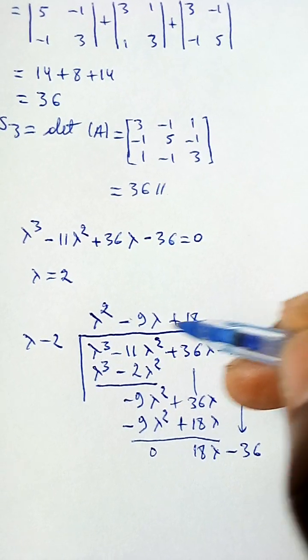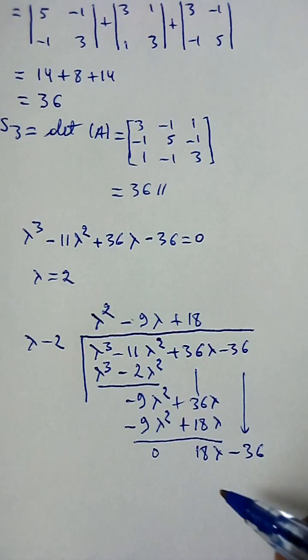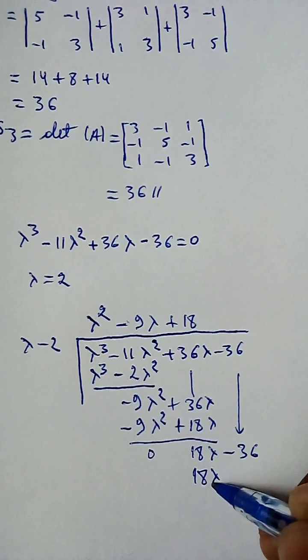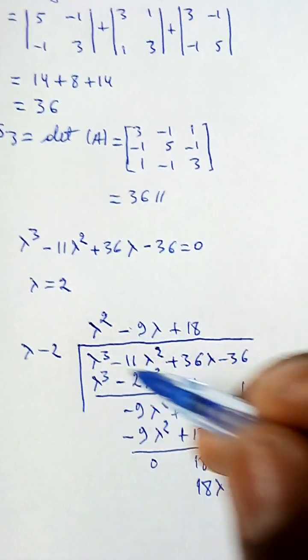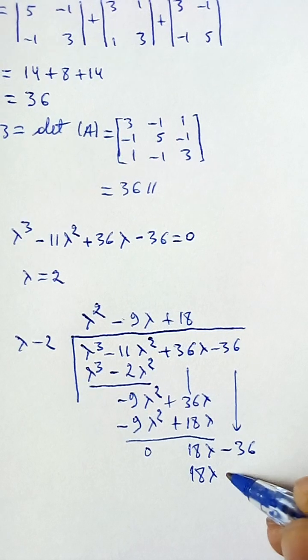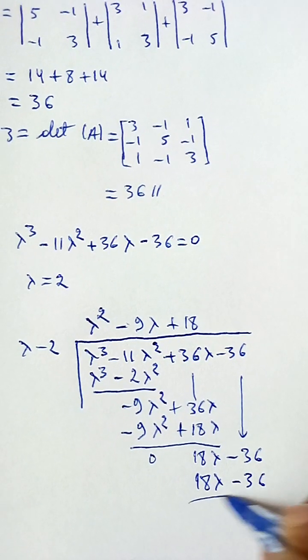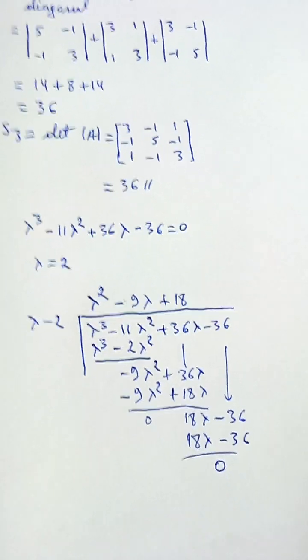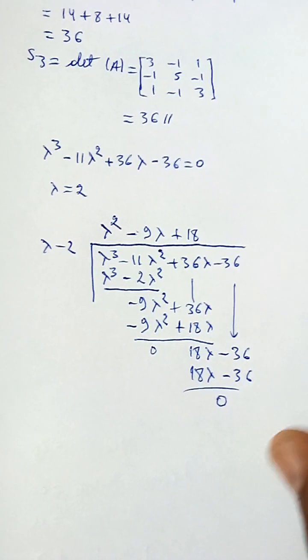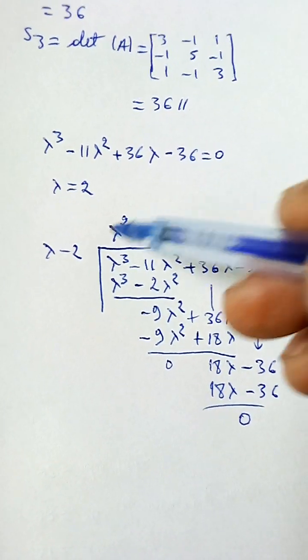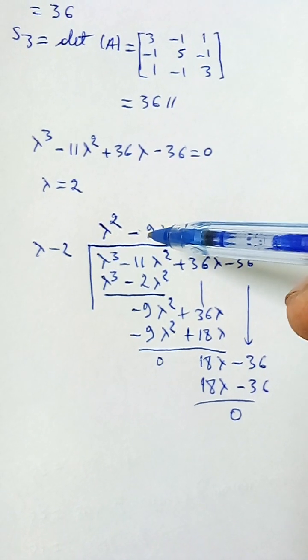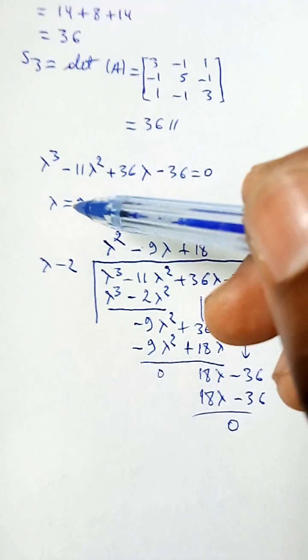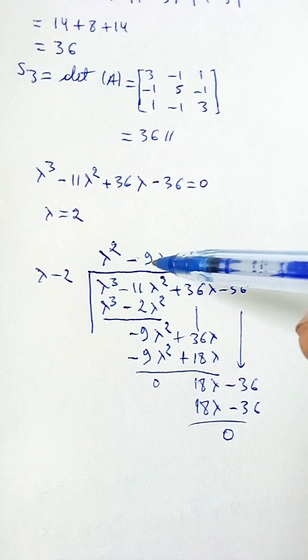Plus 18 times lambda is equal to 18 lambda. 18 times minus 2 is equal to minus 36. So here you get 0. As you can see here, guys, this is an equation of second degree. By this equation, we are going to get the remaining eigenvalues.